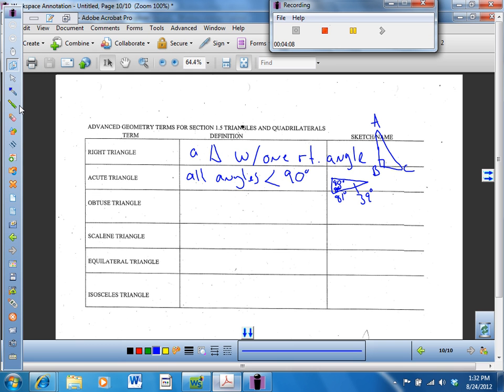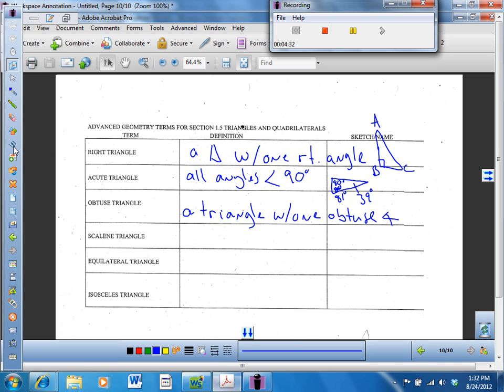So an obtuse triangle is a triangle with one obtuse angle. Obtuse angle, and so you can make a picture of one.